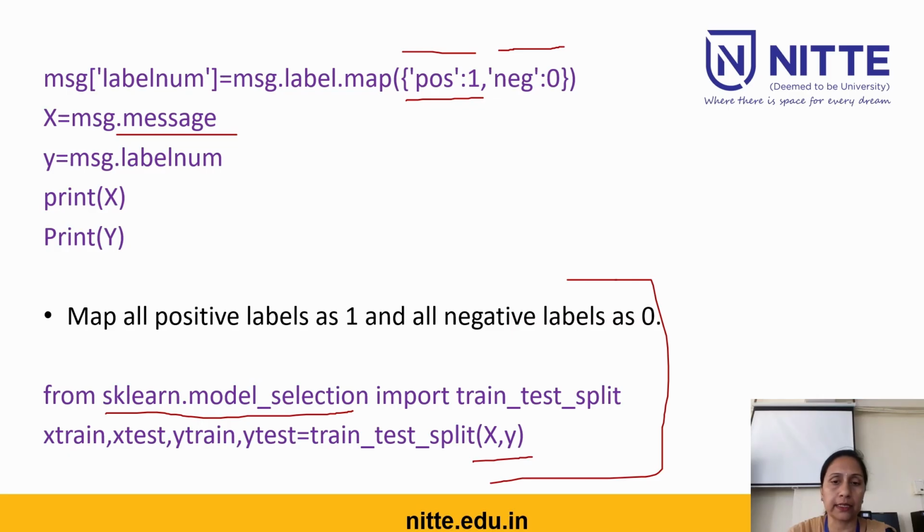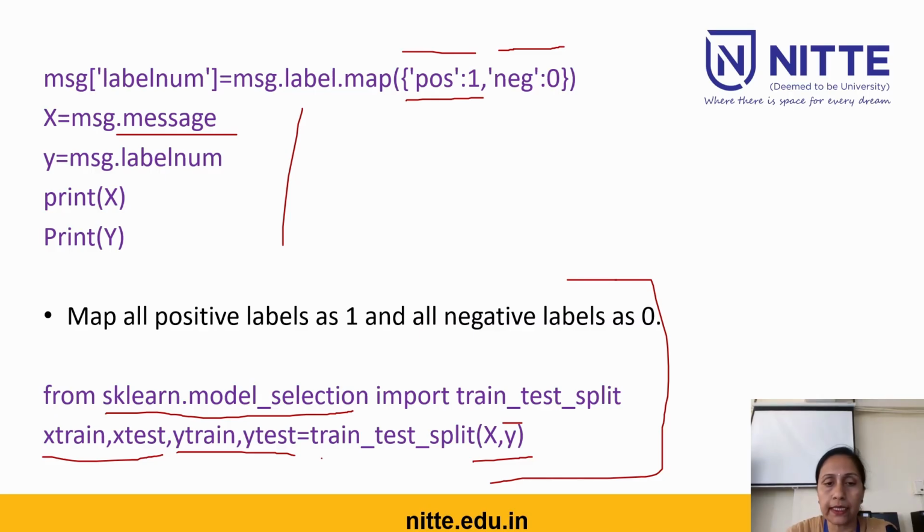X is nothing but the statements we had, and y is all the labels which we extracted from the statements. So train_test_split returns 4 arrays: X_train and X_test, the sentences, and y_train and y_test, the labels. In the sense, out of 18, we keep some statements for training and some for testing, and likewise the y labels for training and testing, as usual.